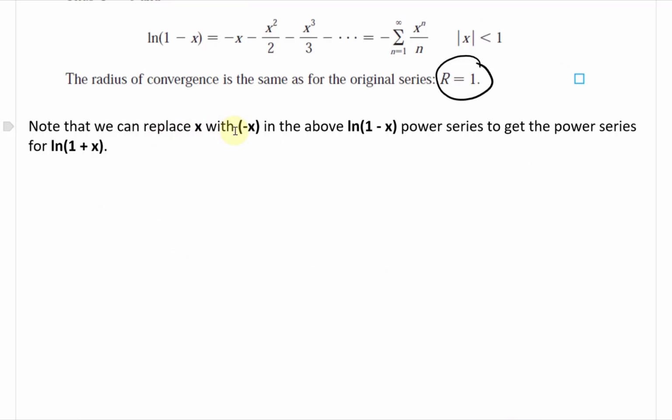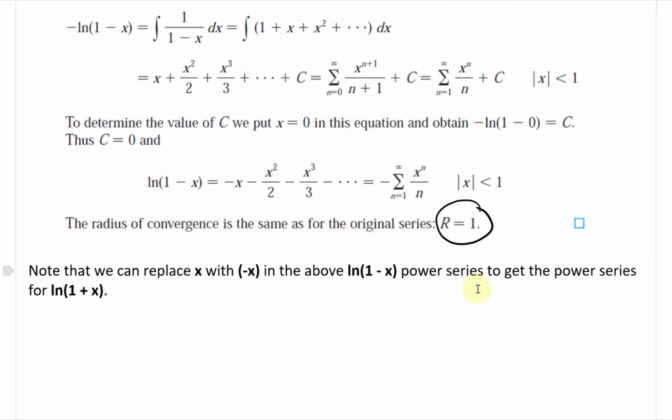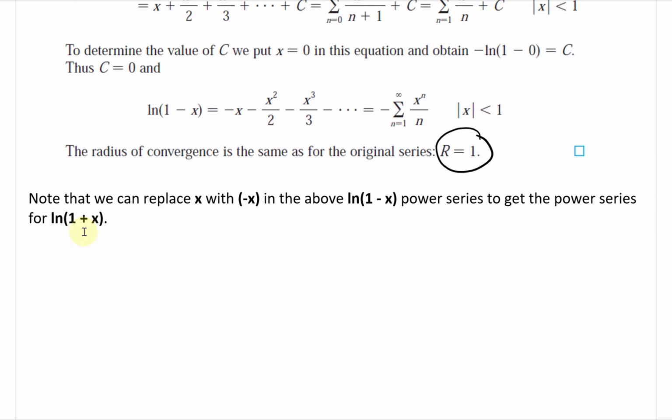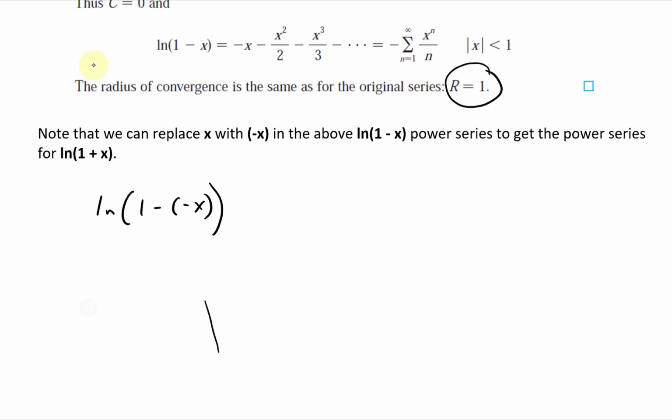So note that we can replace x with negative x in the above ln(1 - x) power series to get the power series for ln(1 + x). So we could basically just manipulate that and get it. So what we'll have is ln of 1 minus, and then this is minus x, so if x is that instead, we can just plug that inside the power series.